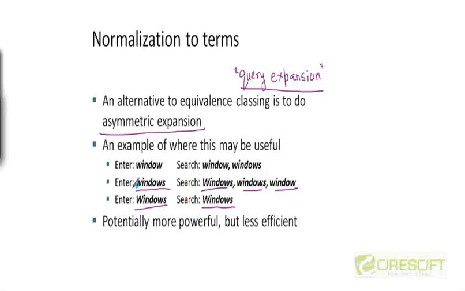If we had equivalence classed these three terms, they would have been treated in the same way. But if we do query expansion, we can treat these three terms in different ways. If this is the query, we can expand it like this. If this is the query, we can expand it like this. And if this is the query, we can expand it in a third different way.